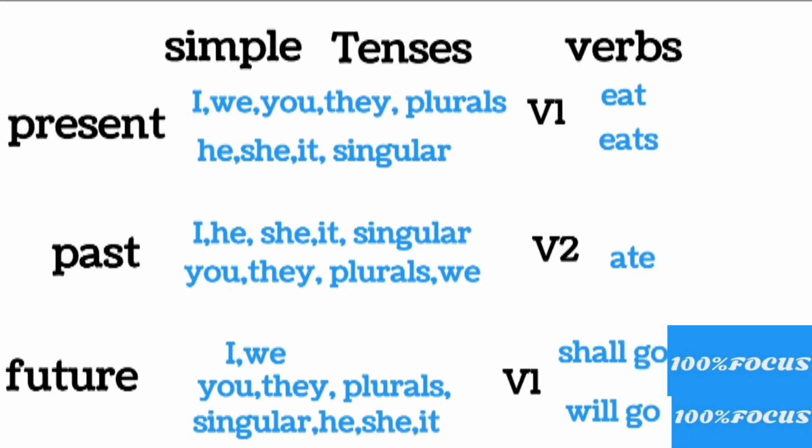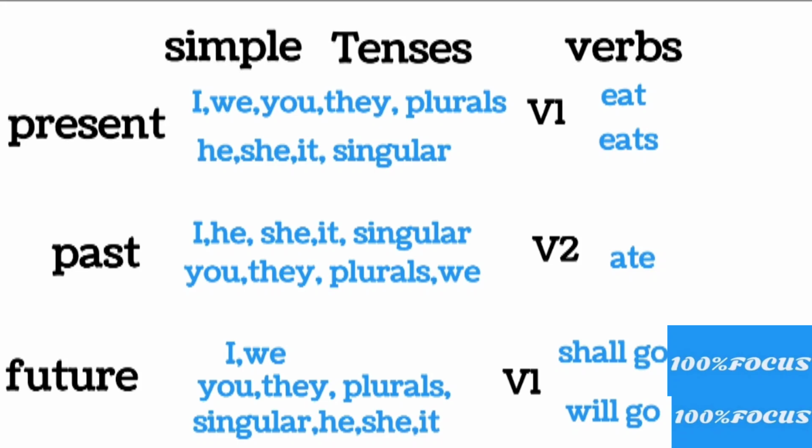Okay. For the subject I and we, we are going to use shall. And for the subject you, they, he, she, it, singular and plural, we are going to use will. And one thing, for I and we also we can use will. I ki we ki kuda will use cheyochu.